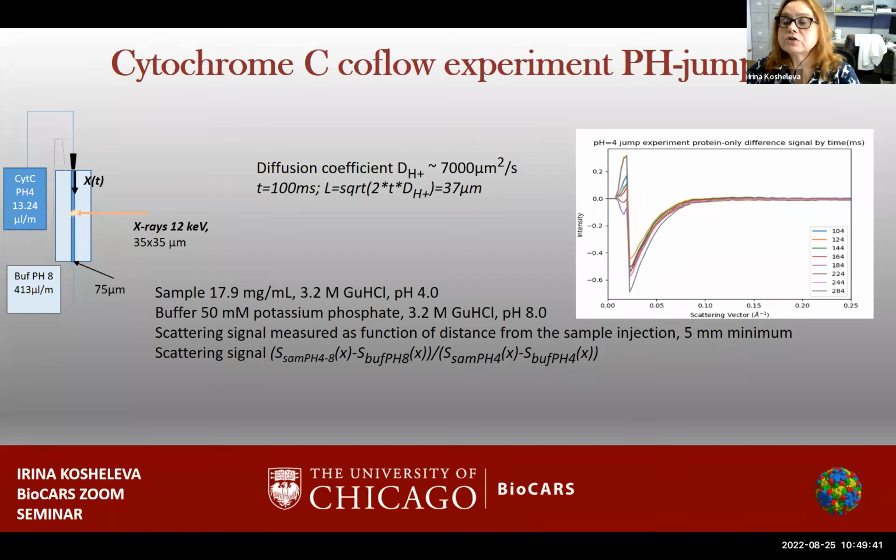We measured the scattering signal, and in this sense that is like a standard laminar flow experiment where we have to scan along the capillary to see how the signal behaves. So we saw some pH jump associated with the position in the capillary, and for this particular experiment it was, I think, 100 millisecond time delay. That's what we were able to do.